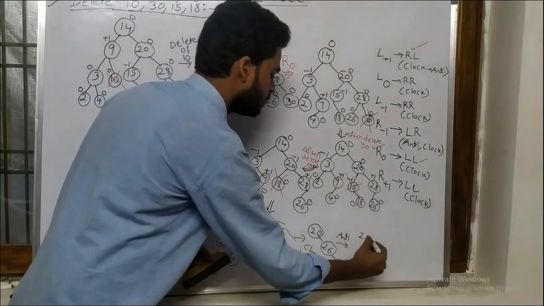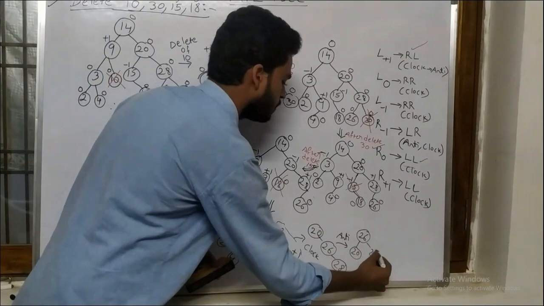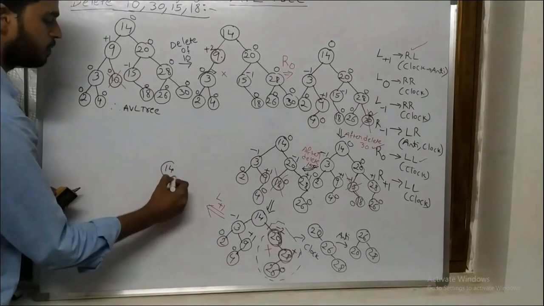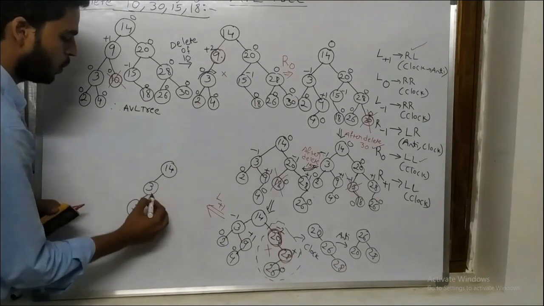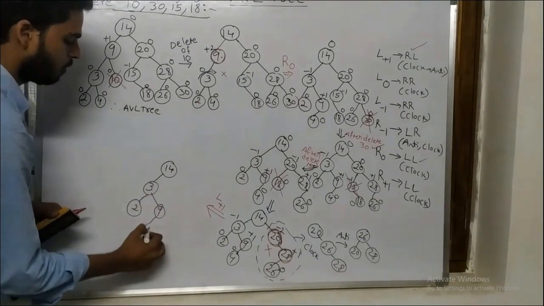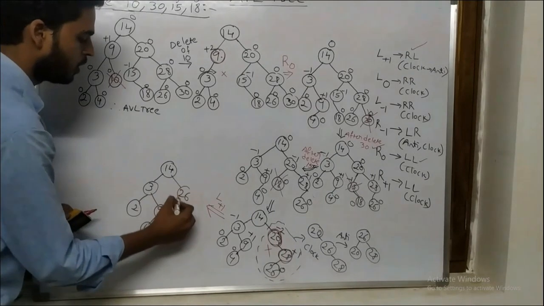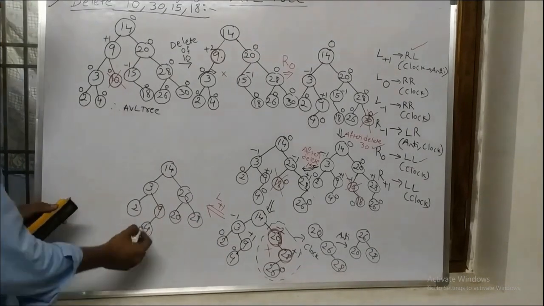Anti-clockwise means 26, 20 and 28. So I am going to substitute here: 14, 3, 2, 9, 4. Let's substitute that. 26, 20 and 28.